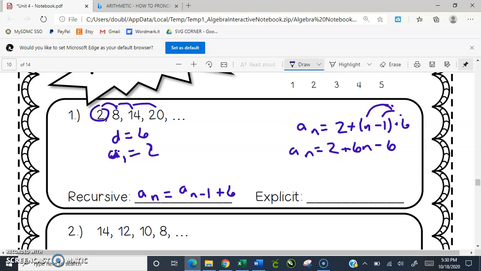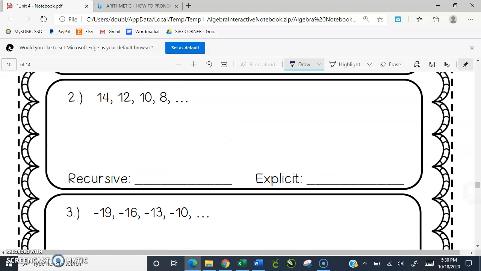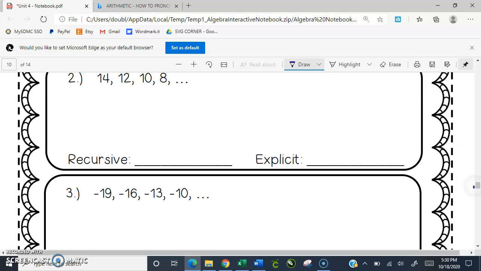So we can combine these two, and that gives me a negative 4. So now I have a sub n equals 6n minus 4. Okay, so I may only be able to get the 2 with you, then you have to do the third one by yourself.